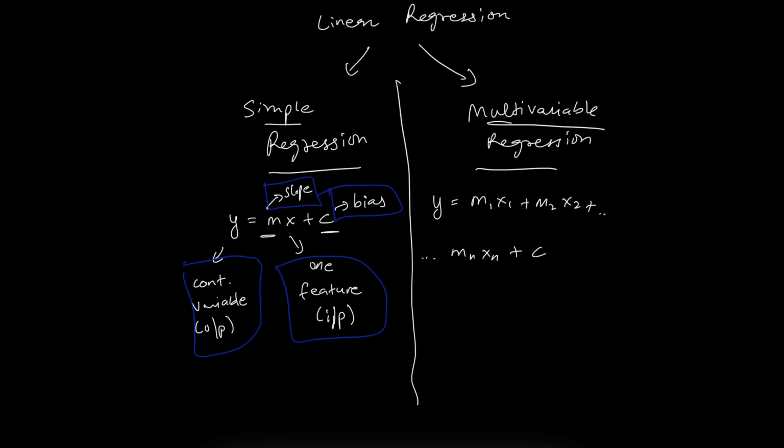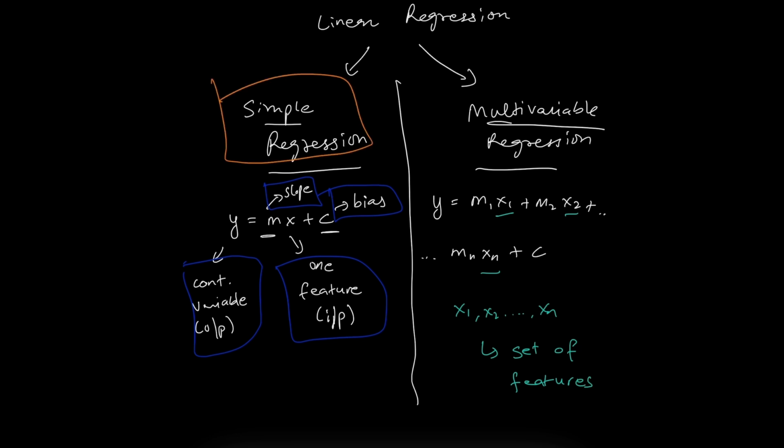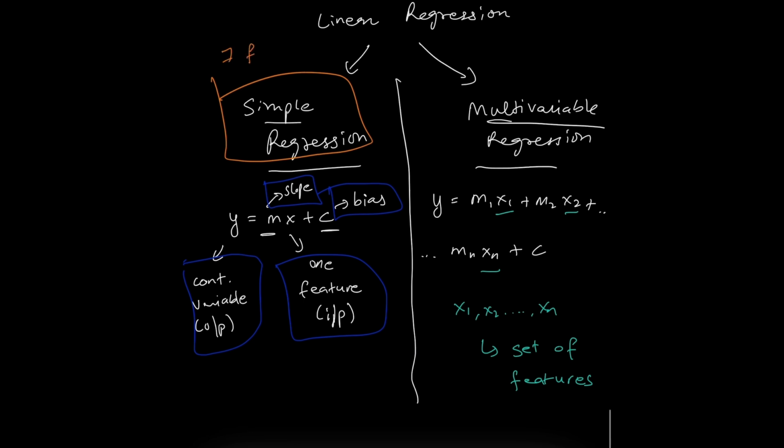Here it's the same concept basically, but x1, x2, all the way to xn, these are basically a set of features. So you see how in simple regression we have one feature, whereas in multivariable regression we have multiple features or multiple variables, which is basically what the name suggests, right?